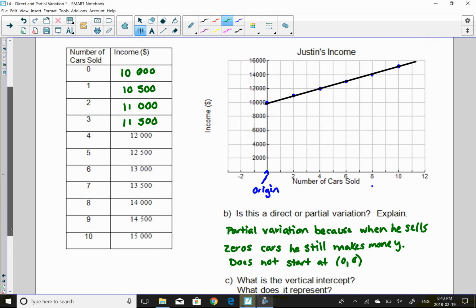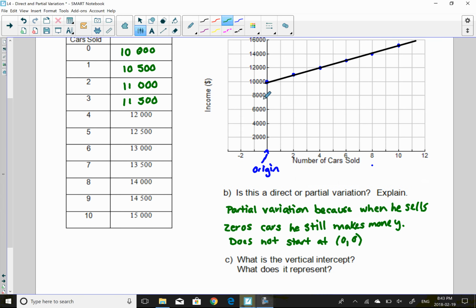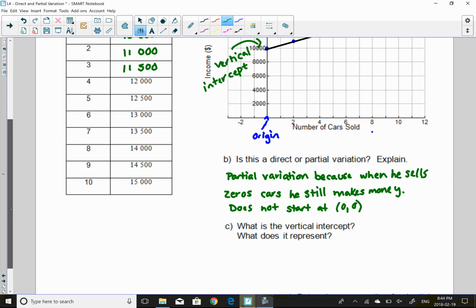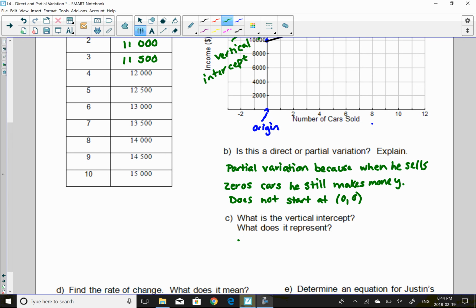The vertical intercept is, this is vertical. So that's my vertical intercept. We also sometimes call it a y-intercept. Okay. And it's 10,000.